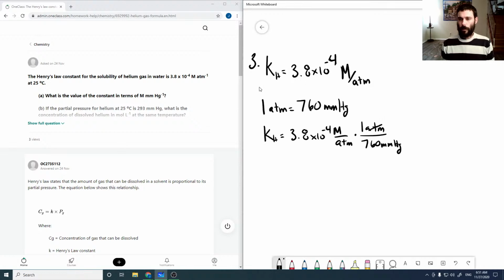So the atmospheres cancel. And we now are just dividing 3.8 times 10 to the minus 4 by 760, which comes out to be 5.0 times 10 to the minus 7 molar per millimeters of mercury.